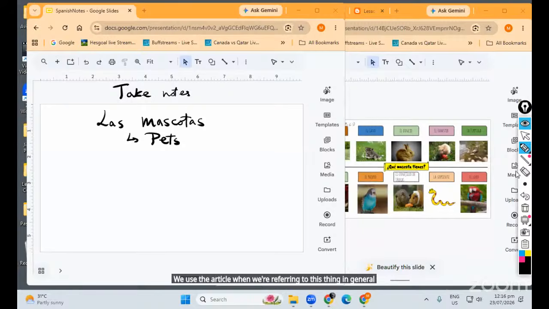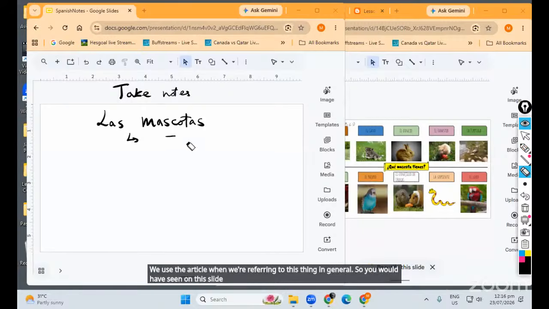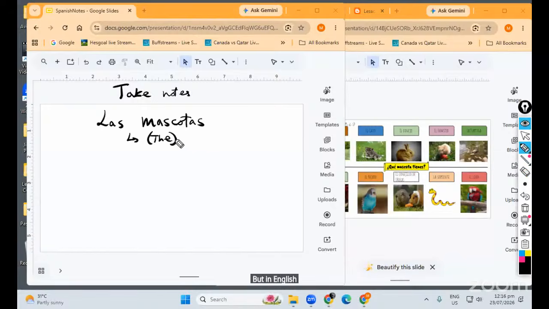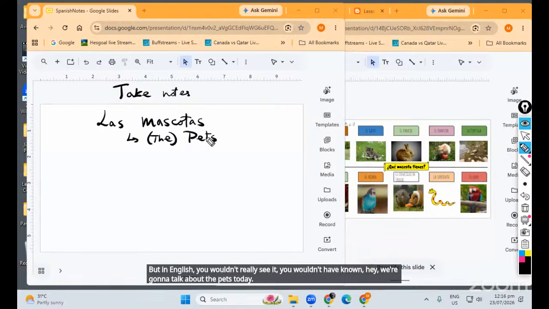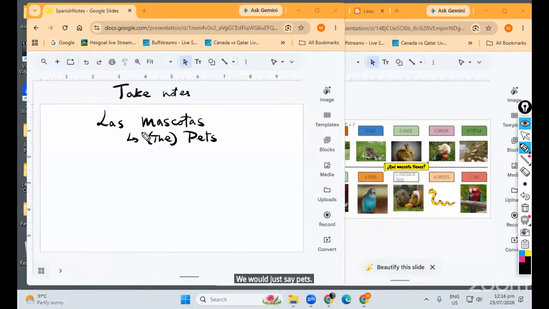So you would have seen on this slide before, when we were going through the pictures, I had the pets, right? But in English, you wouldn't announce, hey, we're going to talk about the pets today, right? We would just say pets. Yes? But the literal translation is the pets, right?